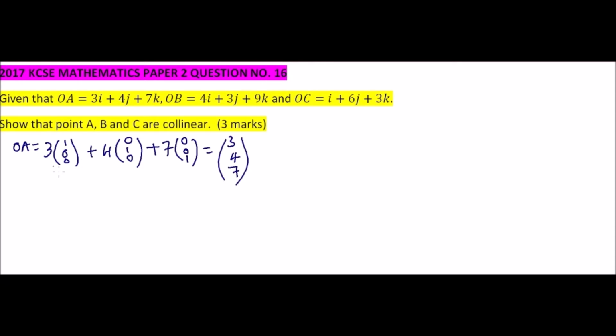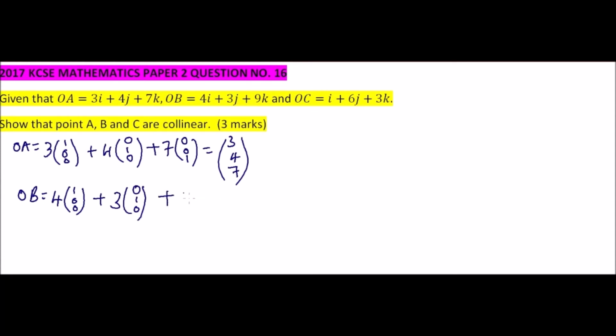We do the same to vector OB. So OB is equal to, we are told it is 4i, so it is 4 times our i, which is 1, 0, 0. That is a unit vector. Plus, the other one is 3j, which is 0, 1, 0.